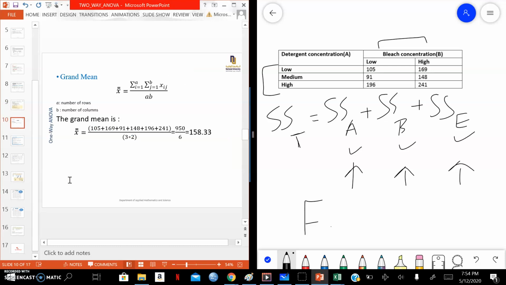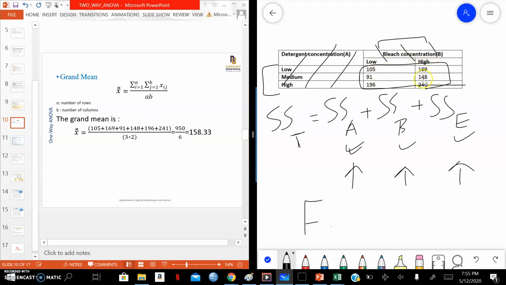So first of all, we have to get the grand mean. What is grand mean? It's just, without looking at this, consider that this is one row of data. You want to get the mean of these data, regardless of what level they have in factor A and B. You add these values and then you divide by how many values you have in total.